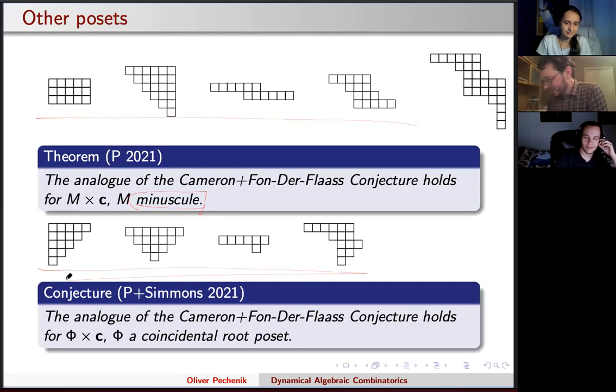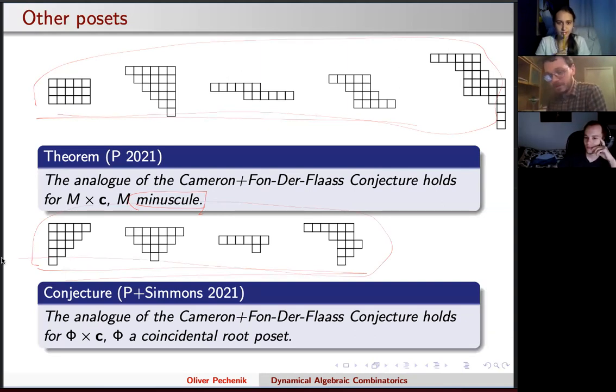In the sense that when you prove a theorem that holds for these 5 things, it's often true for these 4 things too, even though the proof won't work at all. You need a completely different proof always, but yet somehow it seems to be true a lot. And so I've been working with URA this summer, and indeed, it really does seem to be true for all of these shapes as well.